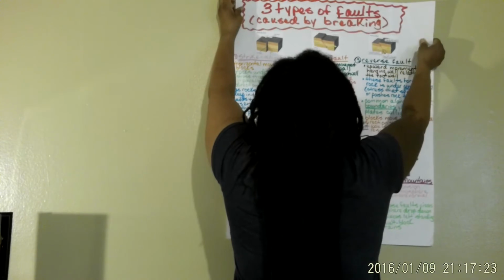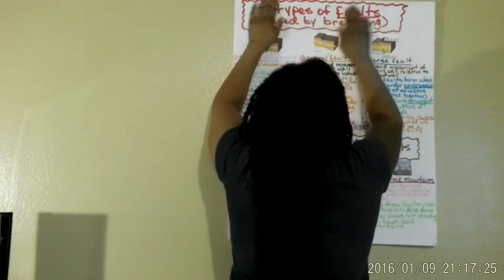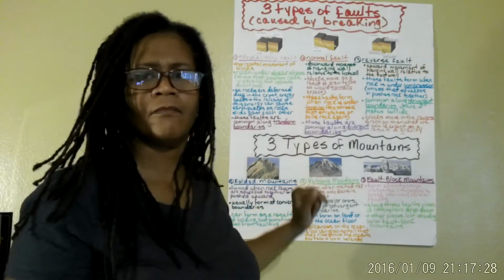So now we're going to talk, so those were the two types of folds. So now we're going to talk about the three types of faults that occur. Okay? Now, with the faults, let me move this down a little bit.